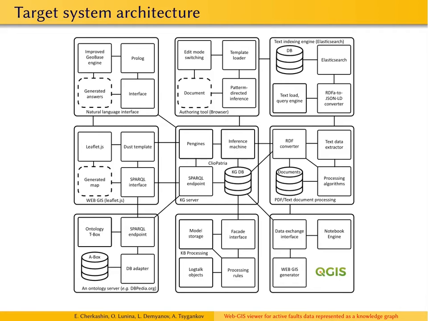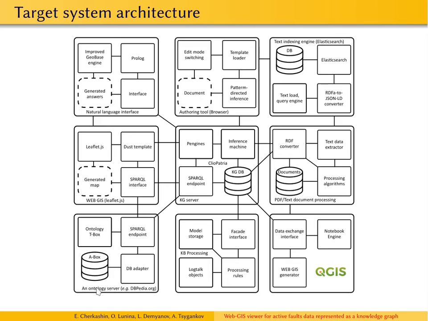The target architecture of the environment we would like to construct is shown in this slide. Now we have implemented this unit and we have already implemented part of the authoring tools which could be used to create documents, a text index engine, and a knowledge graph server.